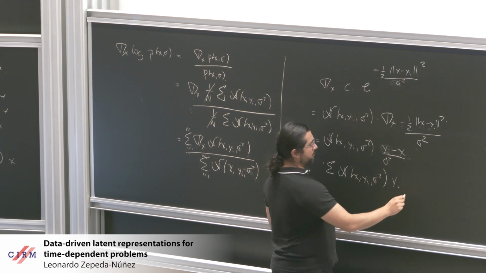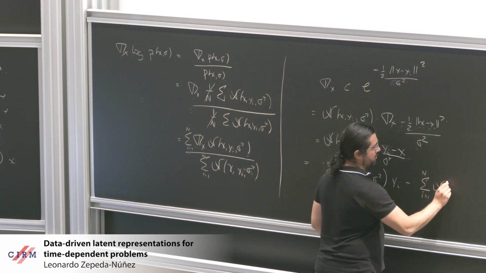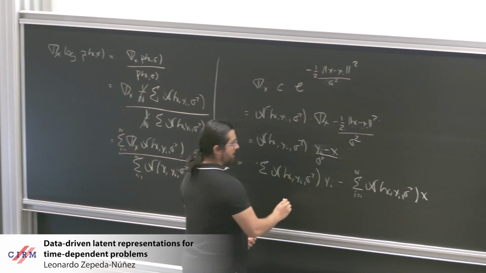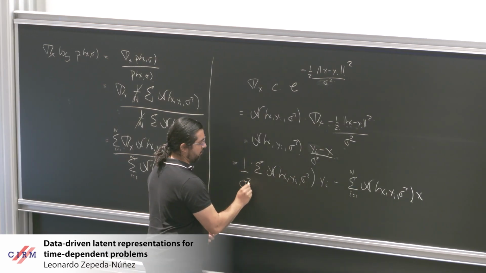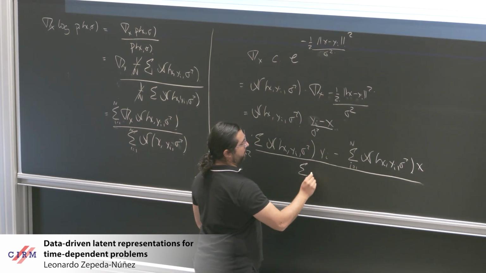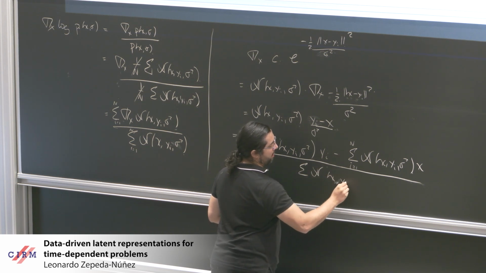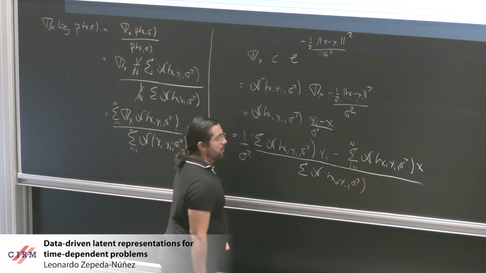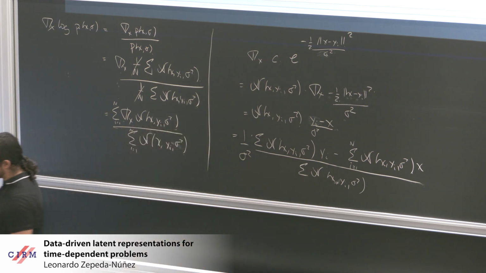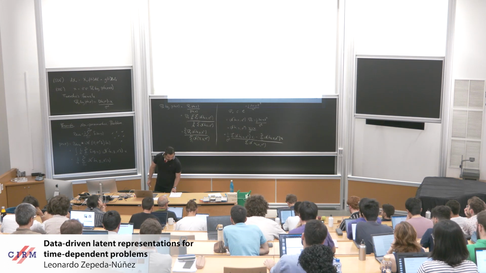You have another term that is outside the sum, x, and well, you have 1 over sigma square over all of this, and then you have finally the sum of these Gaussians N of x, yi, sigma square. And I think this is correct. Just to be sure, you can tell me if there's a mistake.